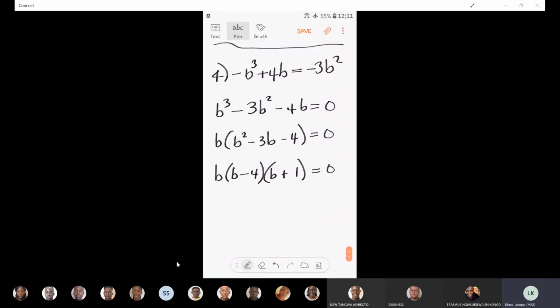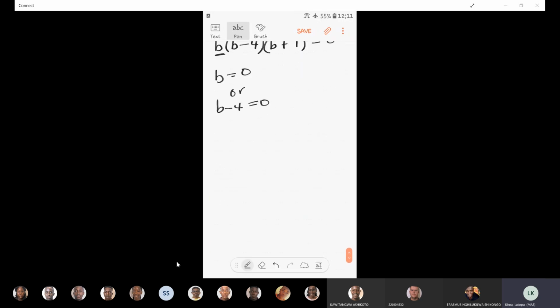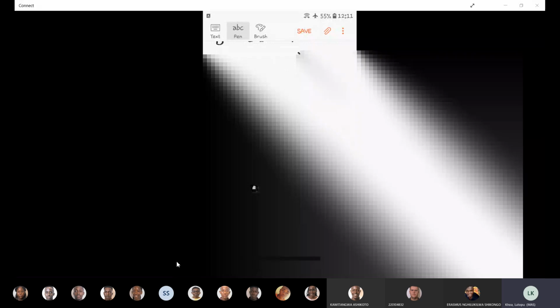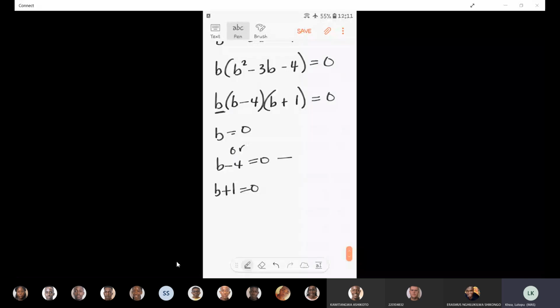It means b is equal to 0, the first factor is 0, or b minus 4, the second factor, is 0, or b plus 1 is equal to 0. So for the second one, this means that b is equal to 4. And then for the third one, this means that b is equal to minus 1.